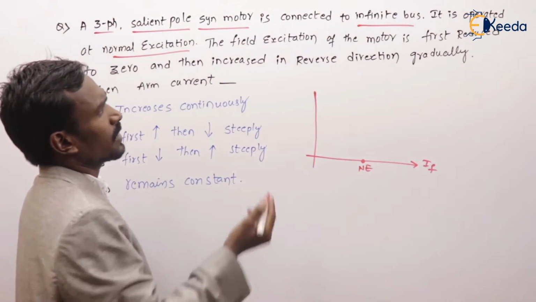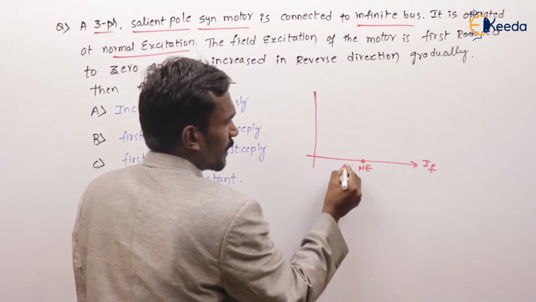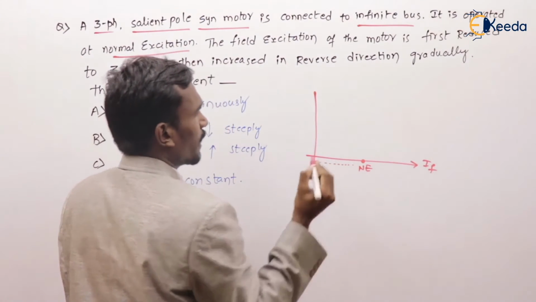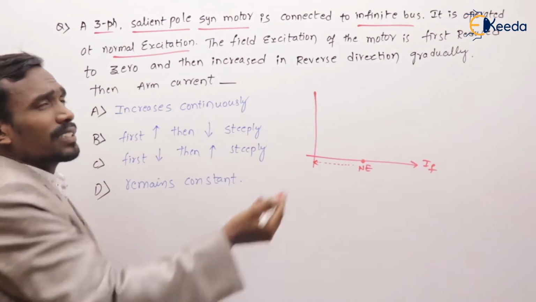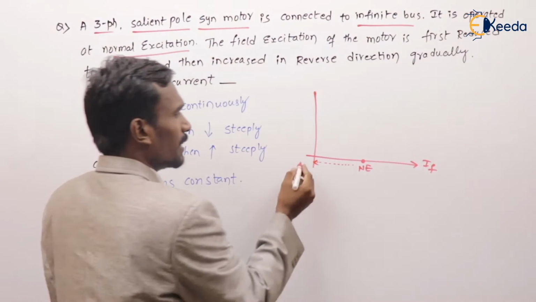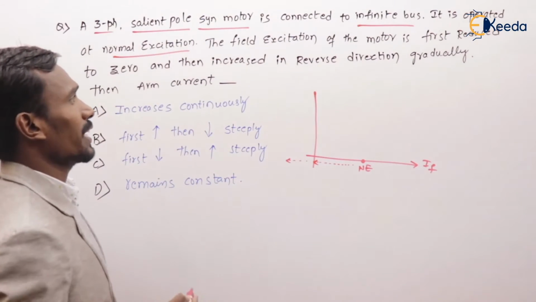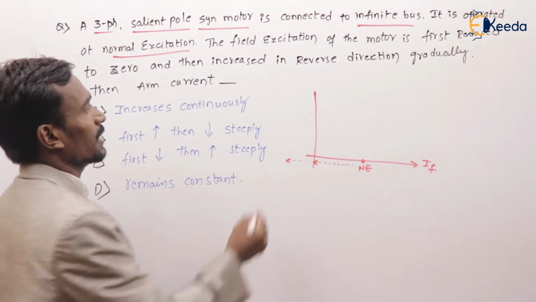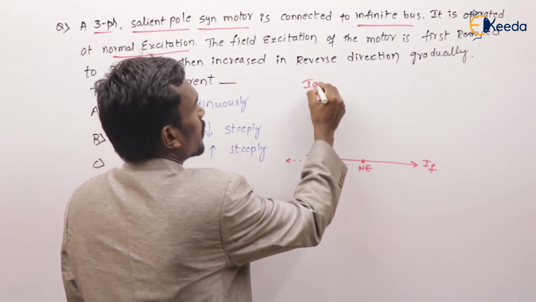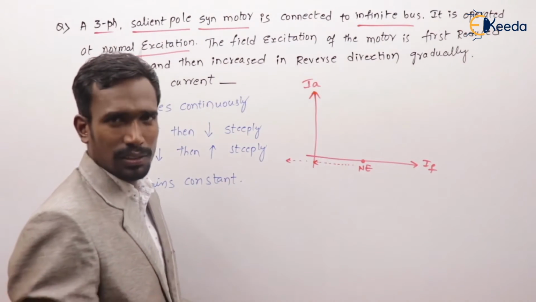The field excitation of the motor is first reduced to 0 and then increased in the reverse direction gradually. Then the armature current is. Actually, this is the V curves.